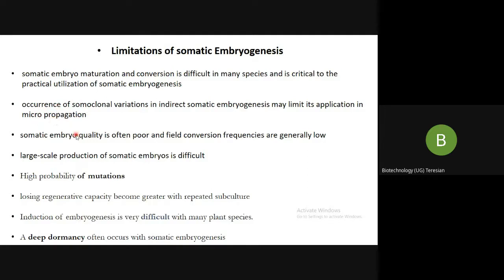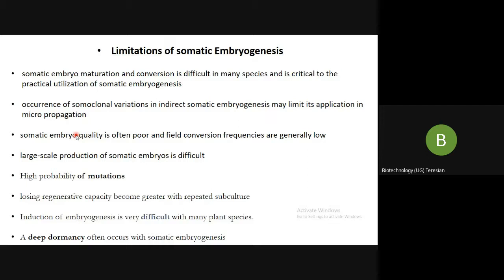Somatic embryos, okay, quality is often poor and field conversion frequency is generally low. That is, as I told you, because they develop weak embryos, and it is the field conversion, that is, whatever you are doing in the laboratory, when you bring the same plant into the greenhouse, it is unable to withstand the natural environment.